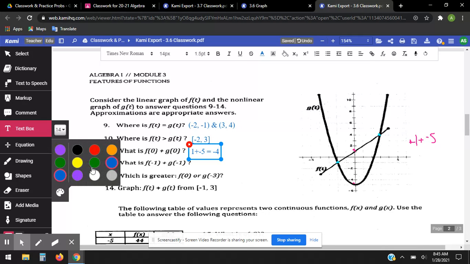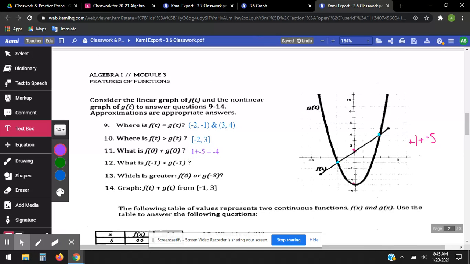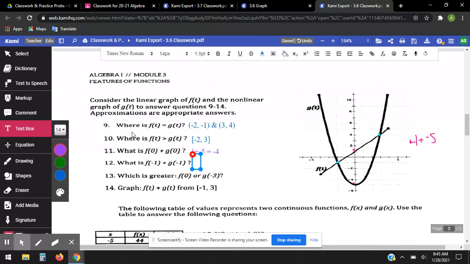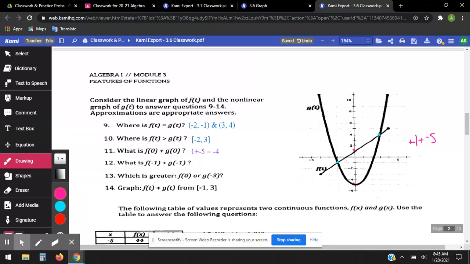And a different color since we're starting to get crowded. All right, next. Same idea, only this time we're going to do f of -1 and g of -1. So let's go ahead and come on over here. f of -1 is 0.